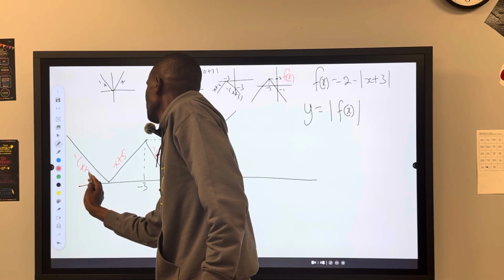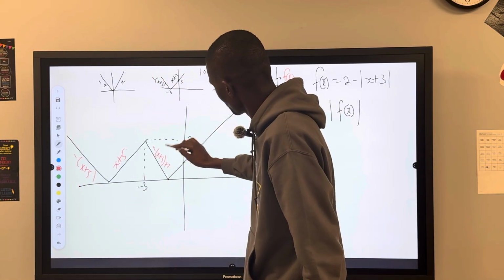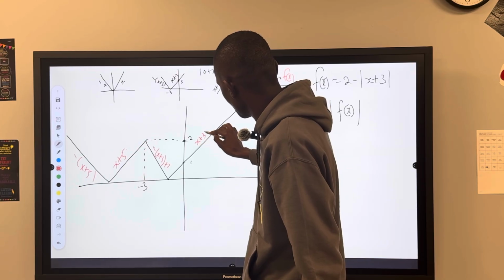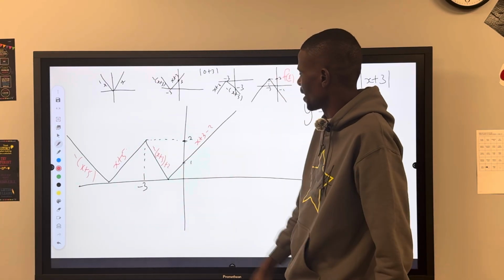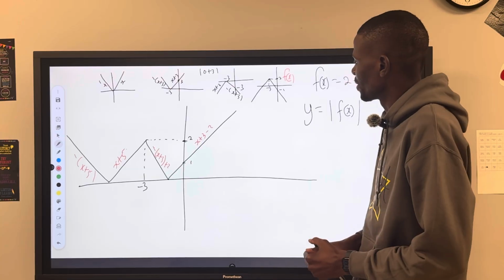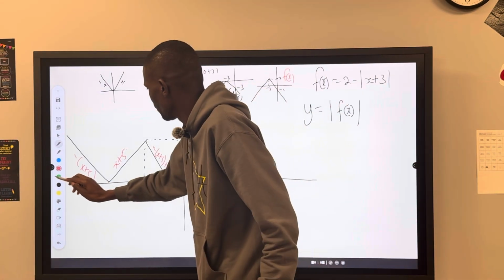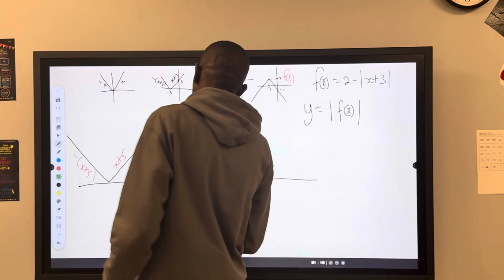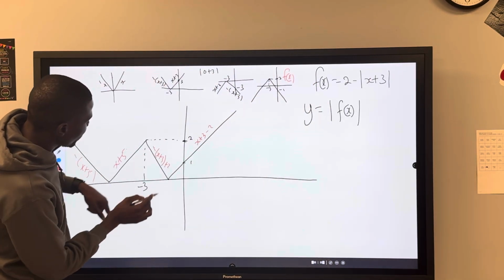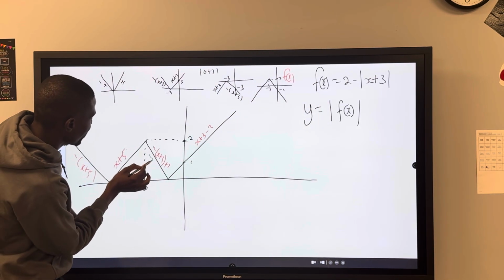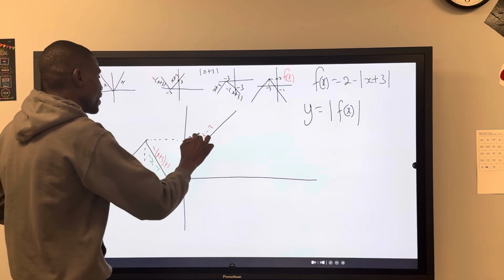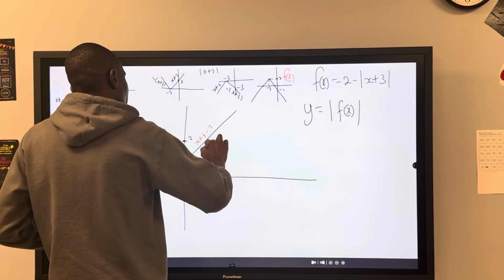So this is now negative of x plus 5. And we do the same here. So this line, I believe it's now x plus 3 minus 2, because we're going to subtract by negative 1, such that our equations, when simplified, we have x plus 5. Here we have negative x minus 3 plus 2, which is negative x minus 1. And here we have x plus 1.